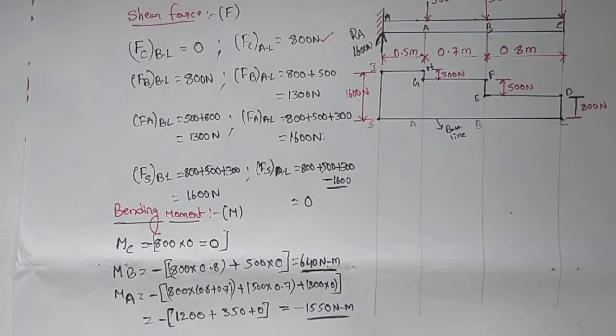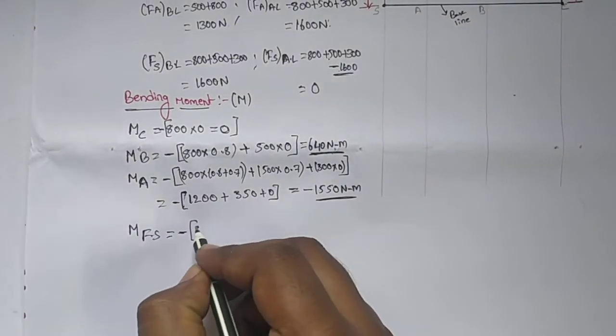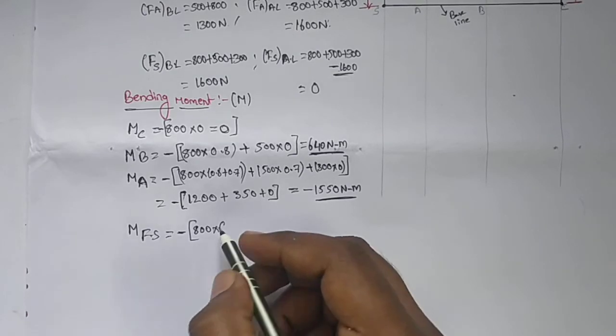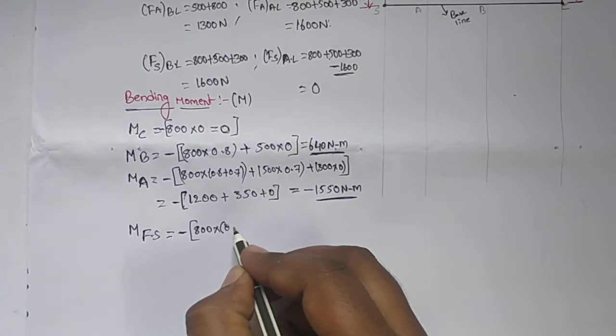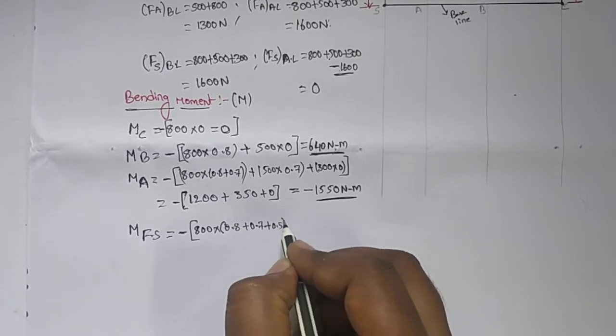So that we need to add loads. First load is 800. Distance from point C to fixed support is 0.8 plus 0.7 plus 0.5.